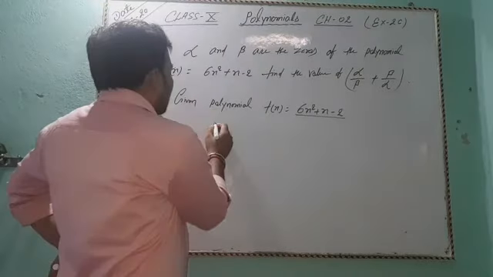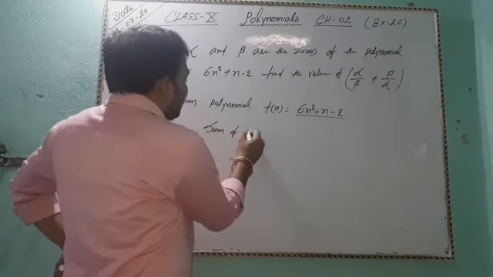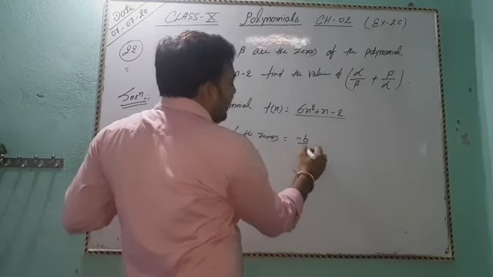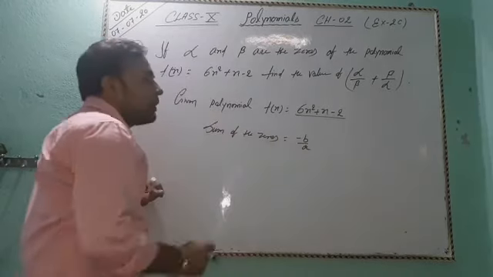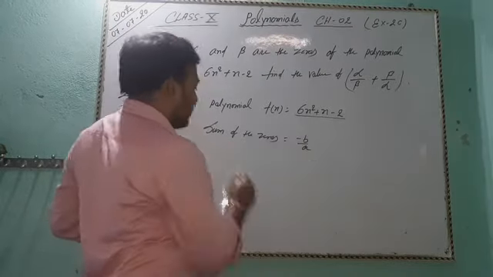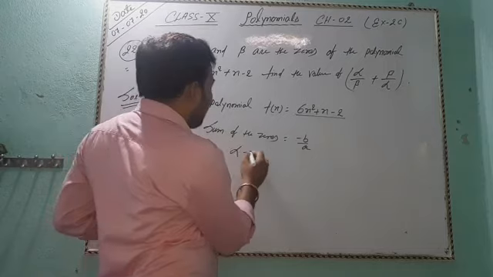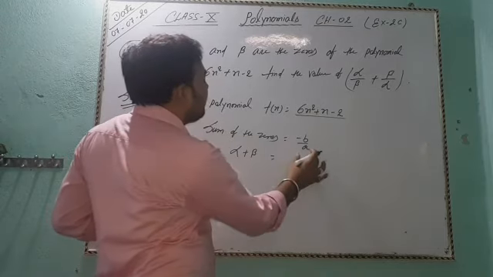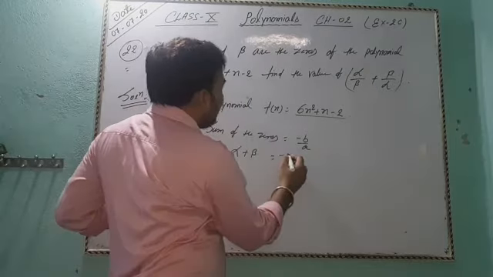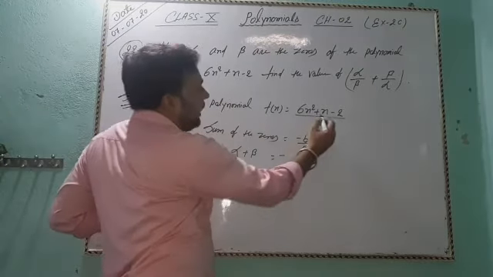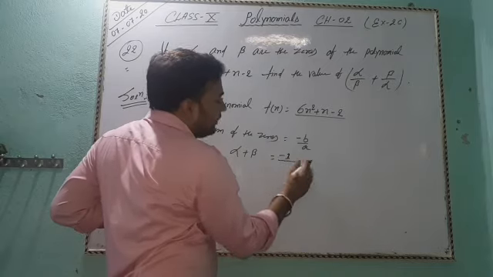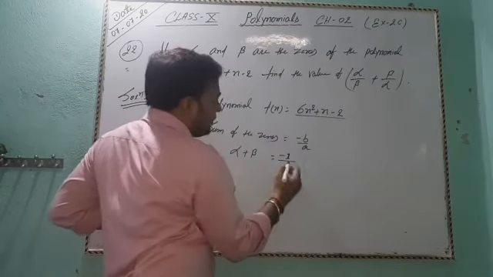So sum of the zeros equal to minus b by a, where b is the coefficient of x, and a is the coefficient of x square. So sum of the zeros, it means alpha plus beta equal to minus b by a. So minus, and b is the coefficient of x is 1, so minus 1 by a, the coefficient of x square, is 6.